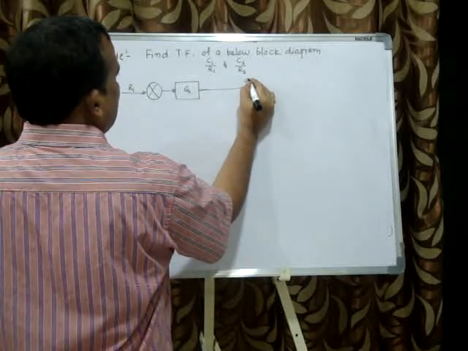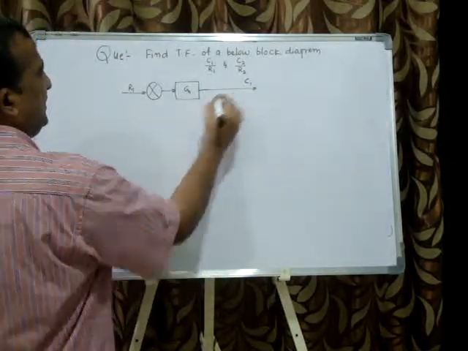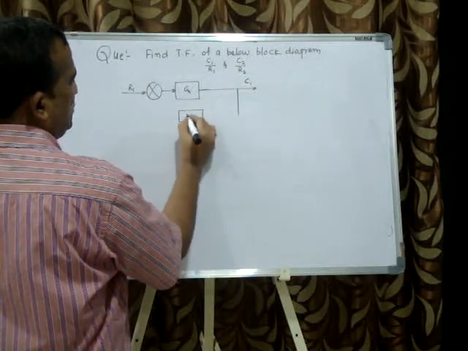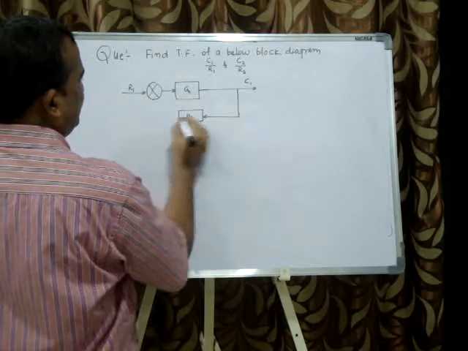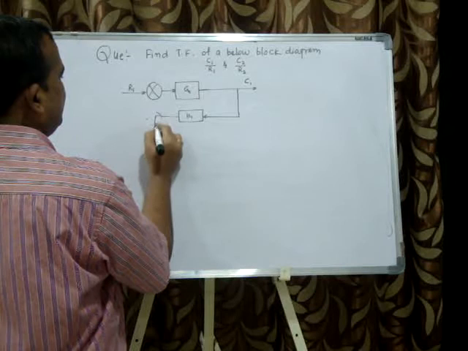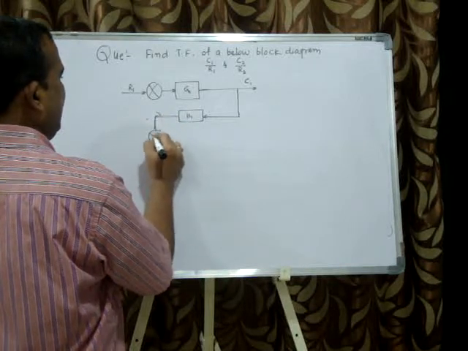So here this is called C1. Now this is H1. Now from H1 there is a negative feedback.